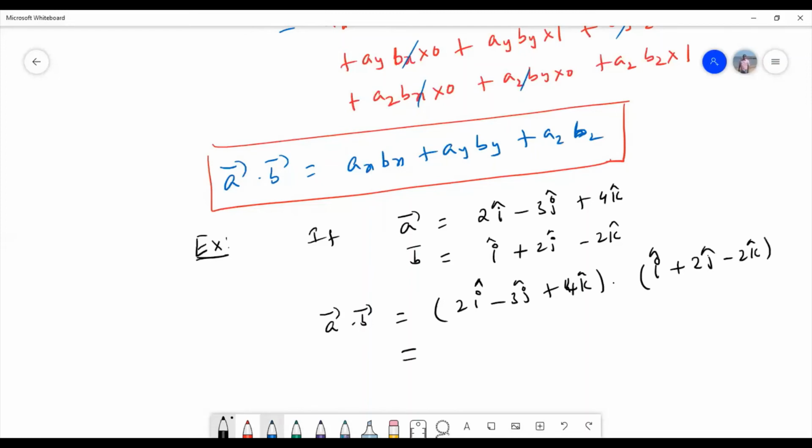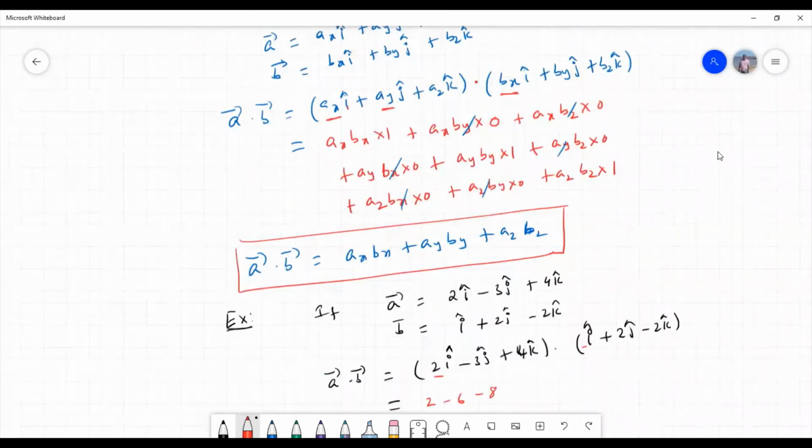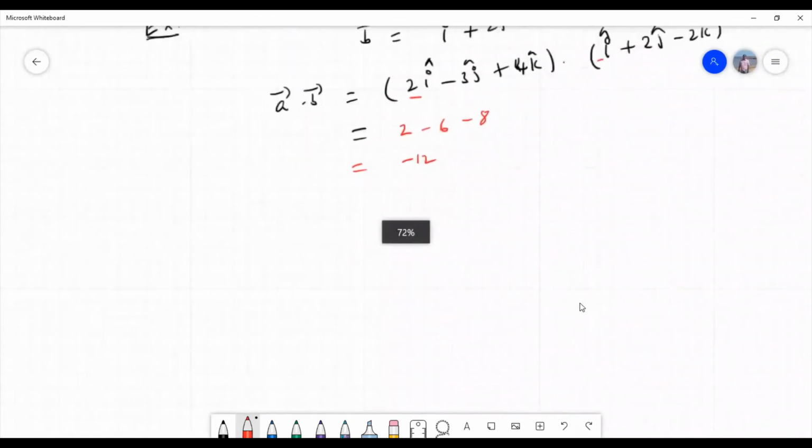Very simple. You take the numbers. 2 multiplied with 1 is 2. Minus 3 times 2 is minus 6. Plus 4 into minus 2 is minus 8. So 2 into 1, minus 3 into plus 2, 4 into minus 2. So this is minus 14 plus 2 is minus 12. That is the answer. So dot product of two vectors is a very simple thing. You simply multiply the corresponding numbers. That is very important. Now let me calculate the self dot product.